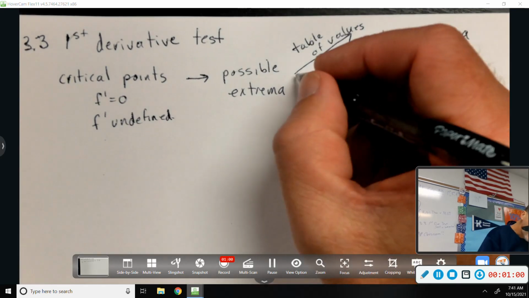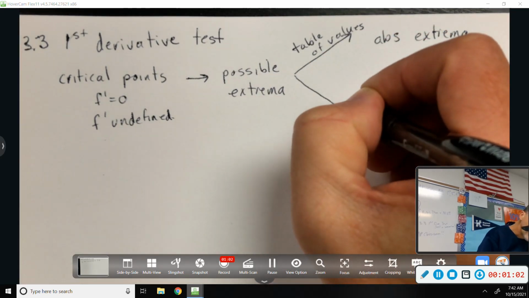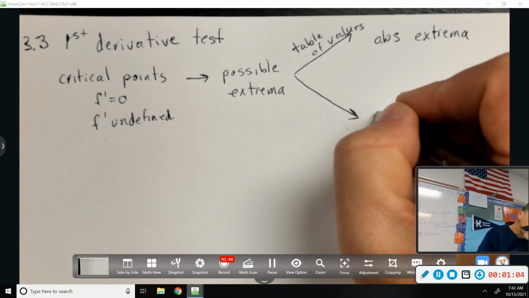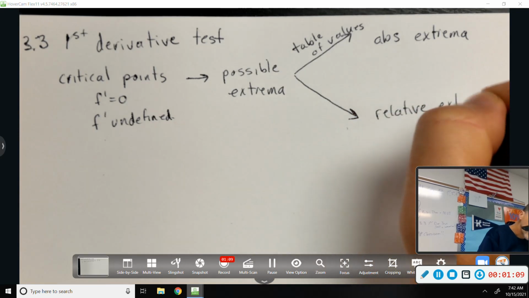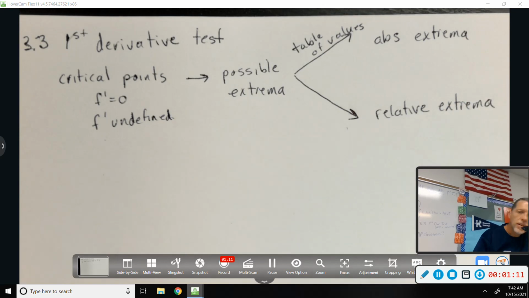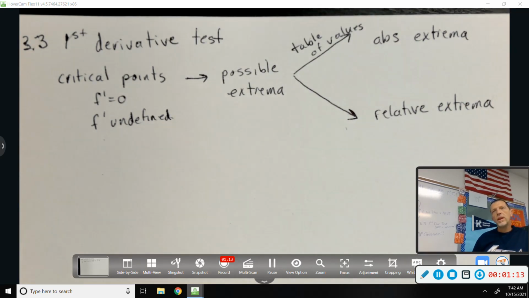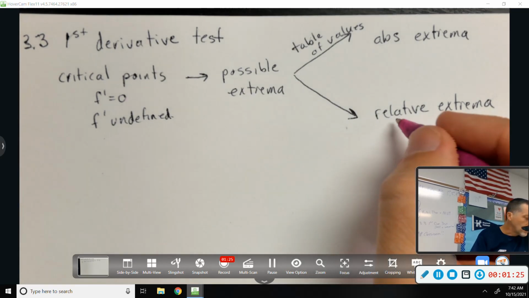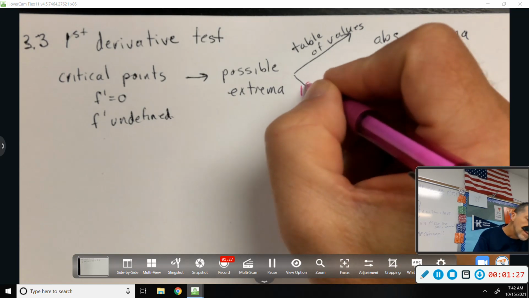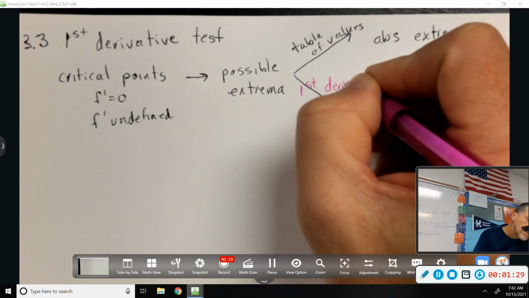But we would like to have a method to figure out the relative extrema, the local extrema. The table of values doesn't really do that because it only gives you one point, so you're not really sure if that's the top of a hill or the bottom of a valley. So the method we'll use today to locate the relative extrema is the first derivative test.